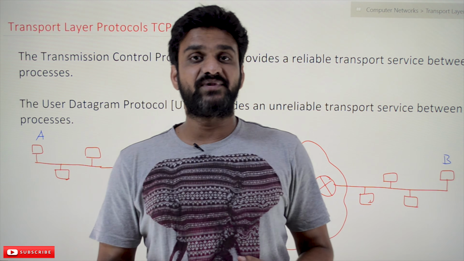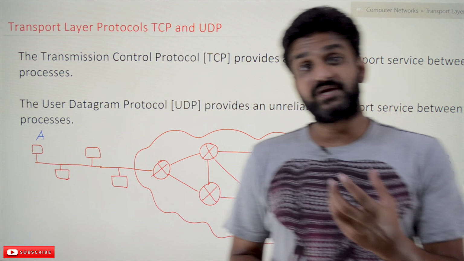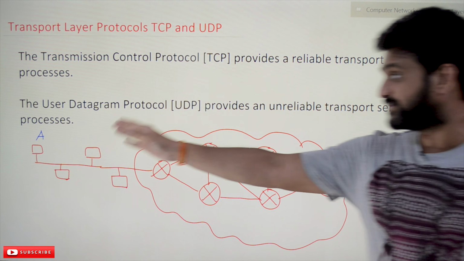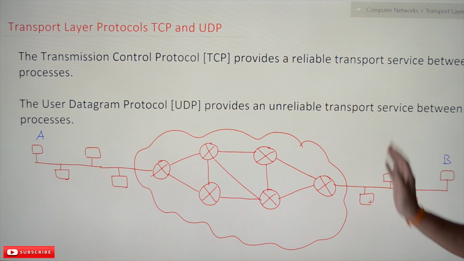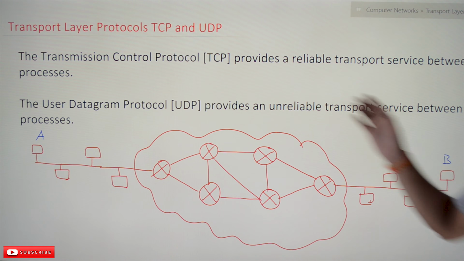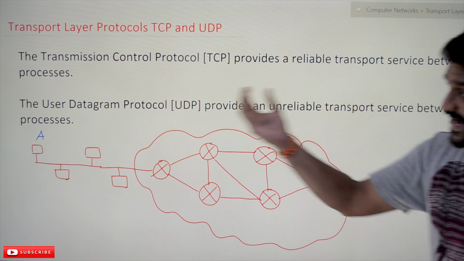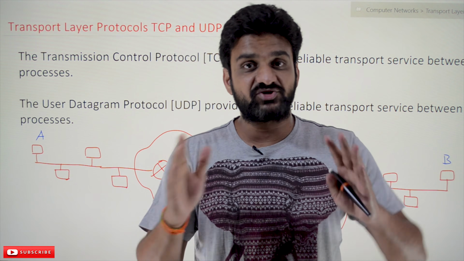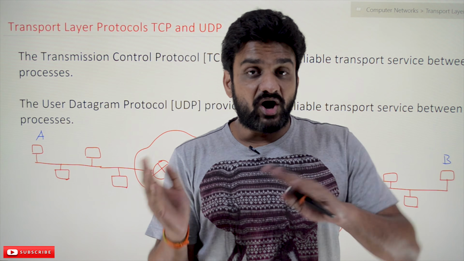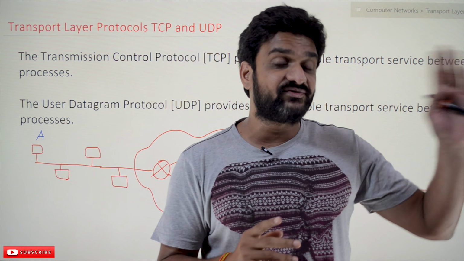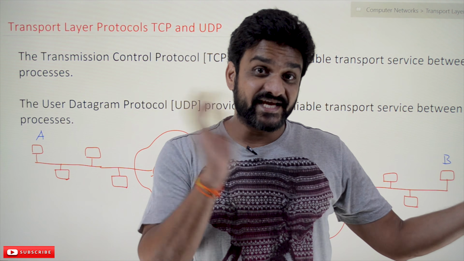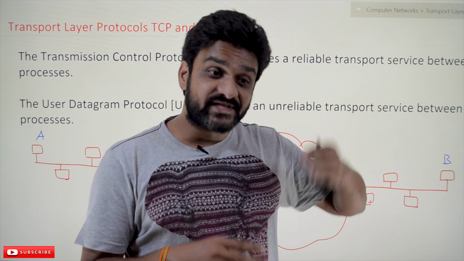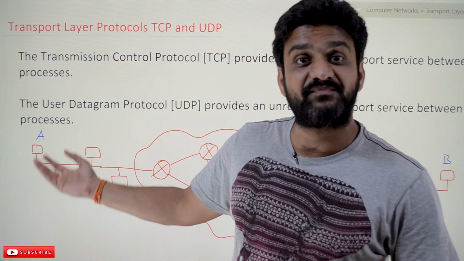So what is this reliable and unreliable communication? Reliable and unreliable communication means, for example, if you take this internet networking, if the source A is transmitting the data to destination B, whether all the packets, which are made into segments or fragments in between the transmission, have been received at the destination or not, and whether they have been received in the same sequence that has been transmitted by the sender.